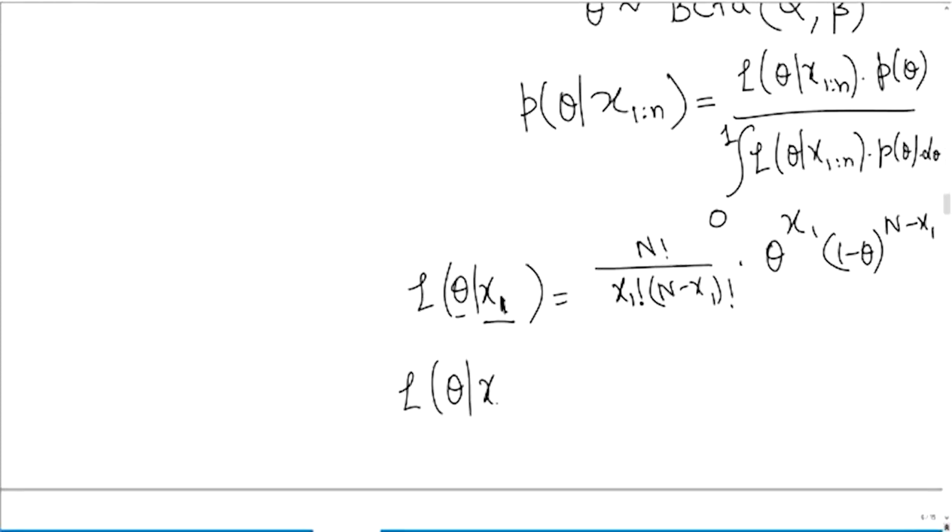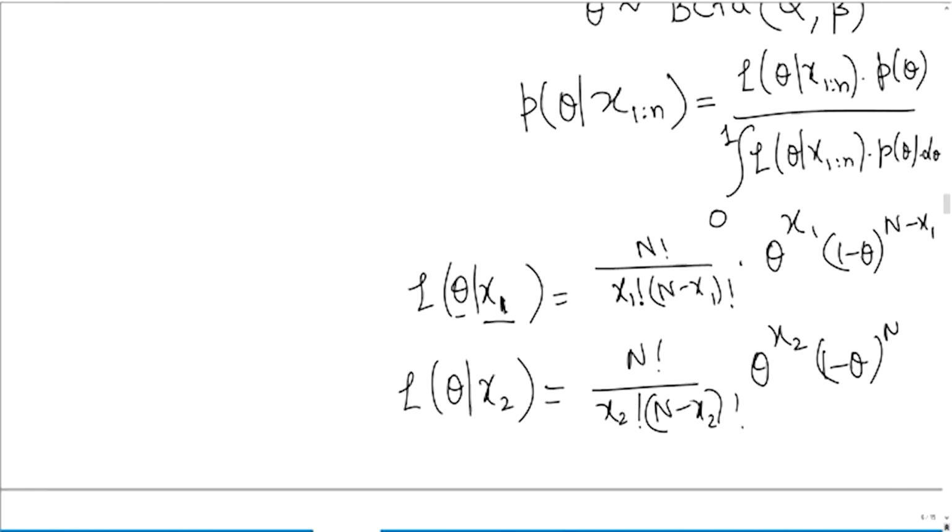Similarly, you can get it for x2, the data from the second experiment. This would be N factorial divided by x2 factorial, N minus x2 factorial, theta to the power x2, 1 minus theta to the power N minus x2.